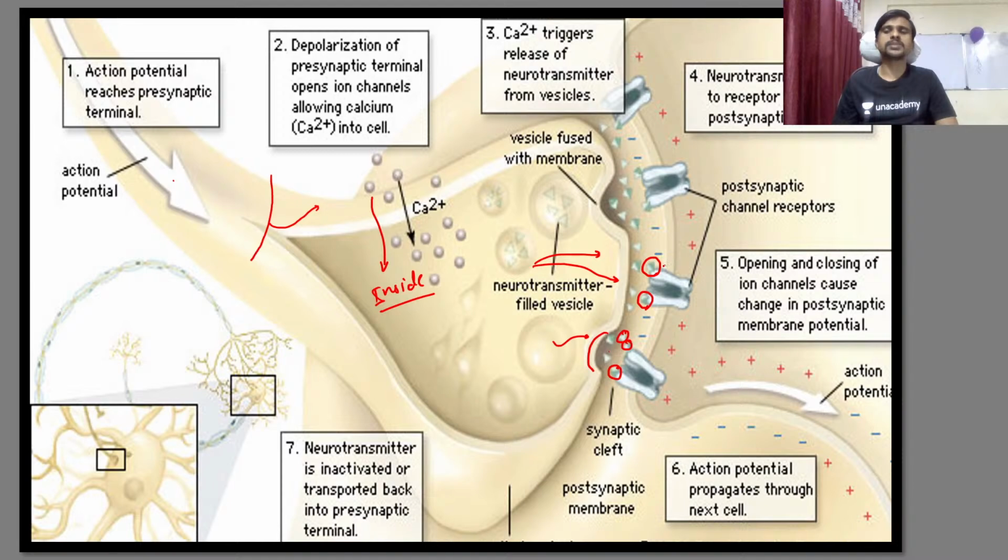These are the receptors, and the receptor starts the signal toward the next cell, which is the action potential in the next cell. So this is how the synapse works inside the nervous system.